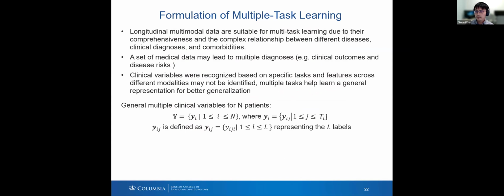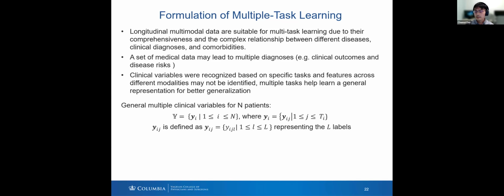Another crucial aspect of the framework with longitudinal multimodal data is multitask learning. This approach is beneficial due to the following reasons. First, longitudinal multimodal data, with its comprehensive nature and intricate relationship between various disease, diagnosis, and comorbidities, is well suited for multitask learning.